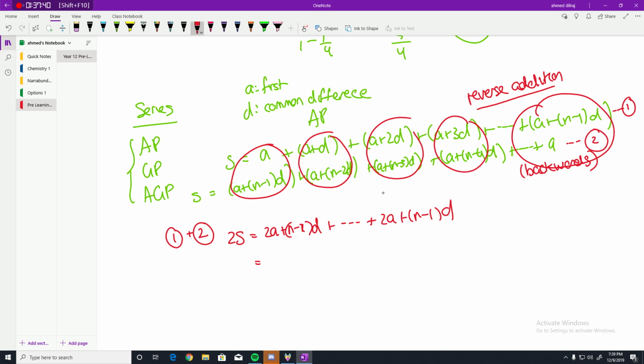Like one at the beginning, one at the end? No. They're all 2a plus (n minus 1)d's. So do we just have n of them? Yes, n of these. So we have n times (2a plus (n minus 1)d), and that's equal to 2S. So S, the sum, is equal to n over 2 times (2a plus (n minus 1)d).